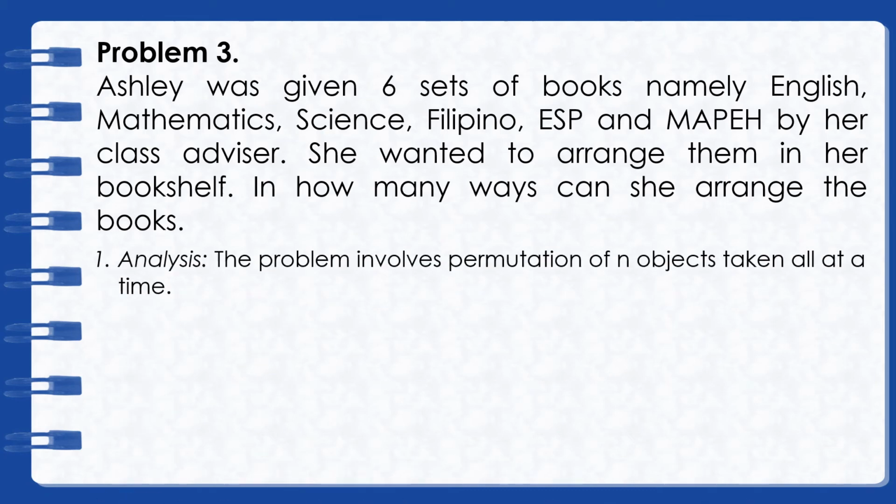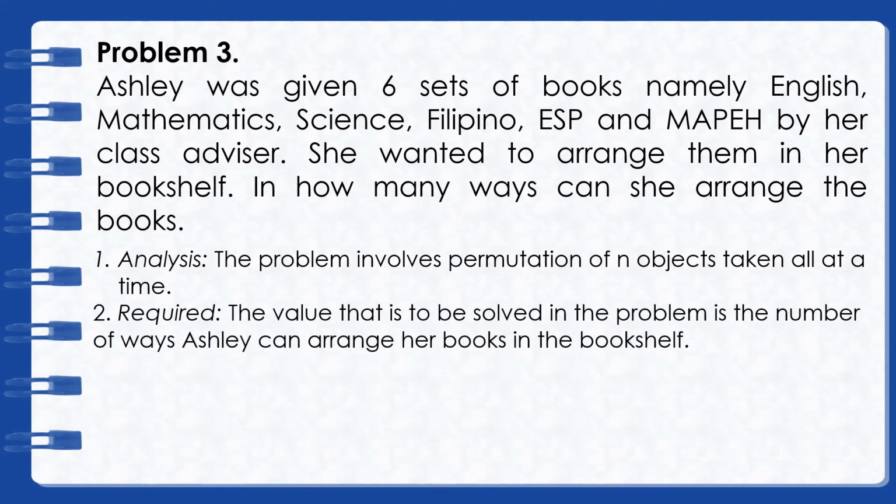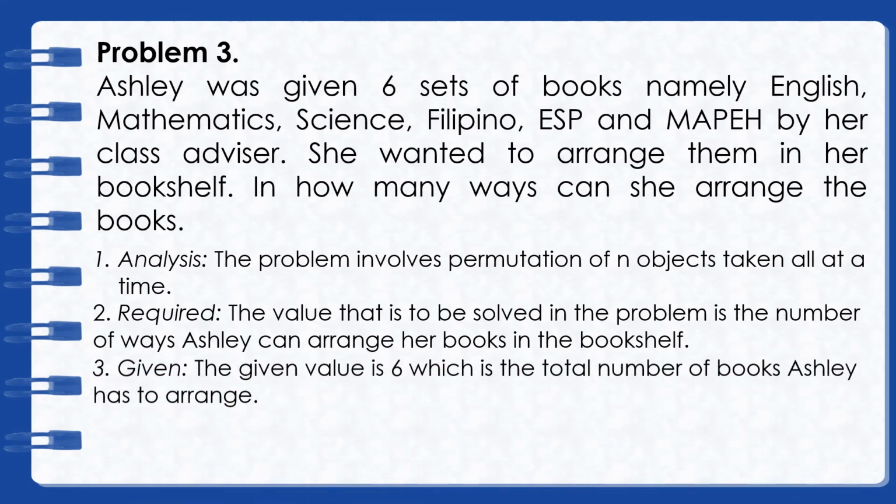Number 1 step is to analyze. So in here, it involves permutation. What is being asked? The value that is to be solved in the problem is the number of ways Ashley can arrange her books in the bookshelf.